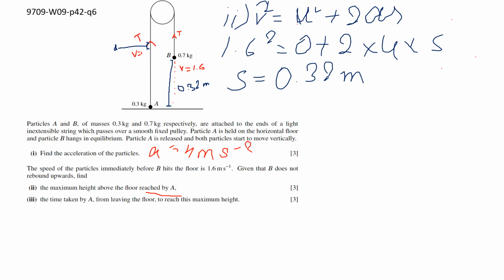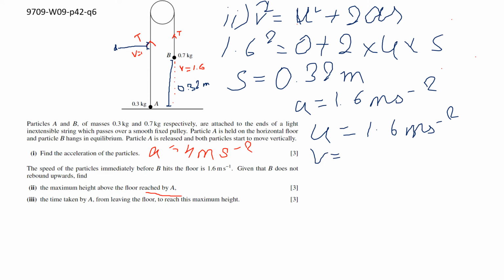Because at maximum height the velocity will be 0, we have an acceleration of 10 meter per second squared, and the initial velocity over here is 1.6 meter per second, and the final velocity is 0 meter per second.